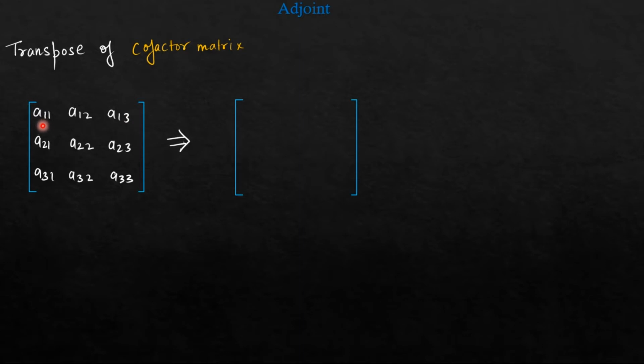Let us say the cofactor of this element A11 is capital A11. In the same way, let us say the cofactor of this element is capital A12 and so on, A13, A21, A22, A23, A31, A32, A33. Basically, the cofactor matrix is all the cofactors of each element arranged in a matrix form.